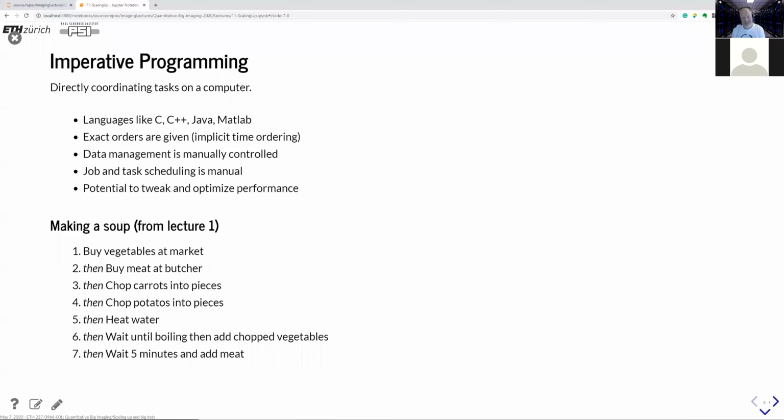And with that, we can add the chopped vegetables. And after 5 minutes of boiling, we add some meat, and then we boil it until it's ready. So that's a soup. And as you can see, a couple of things here could happen in parallel. So we want to do that.